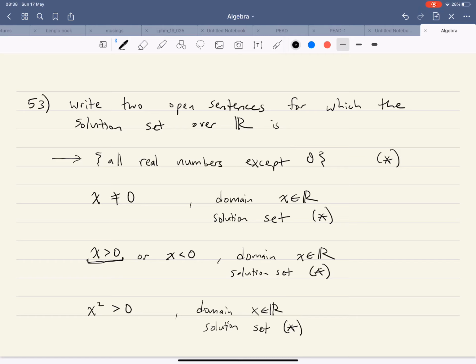If I put in anything other than 0, this expression is satisfied. So that's why it has this same solution set. Okay, and then I'm going to box my answer.